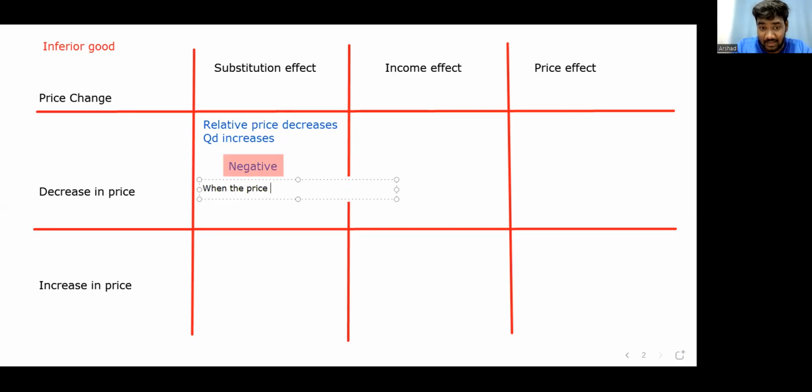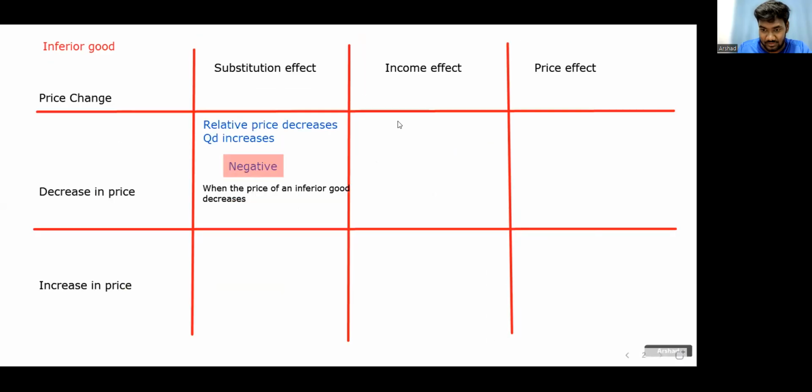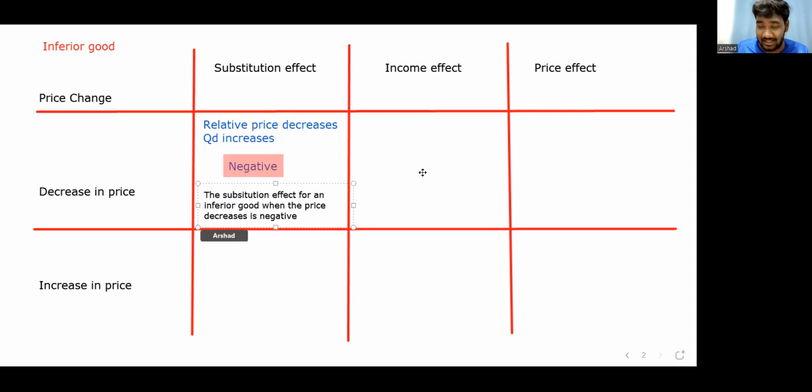We'll go with the same format. The substitution effect for an inferior good when the price decreases is negative.